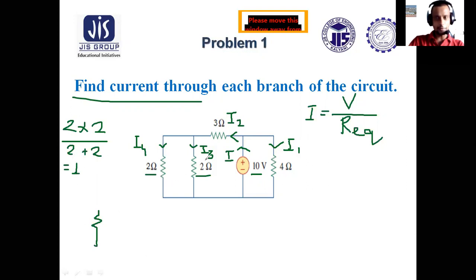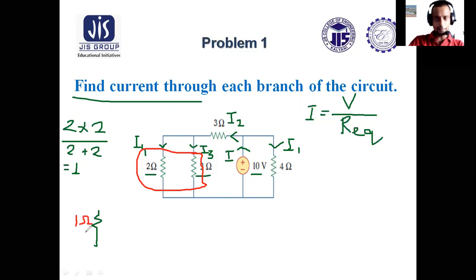So the parallel combination of these two will be 1 ohm. Now after making the parallel combination of these two, we'll get 1 ohm. With that 1 ohm, there is 3 ohm.